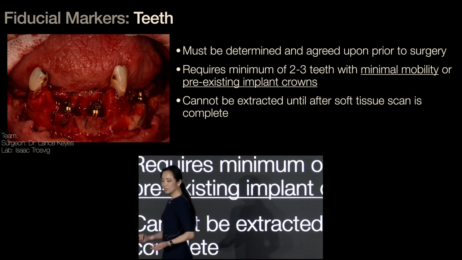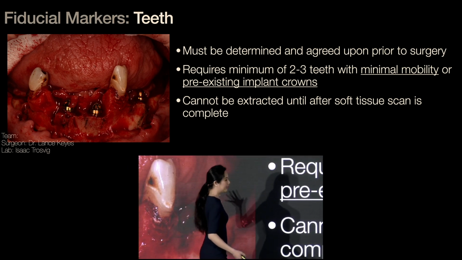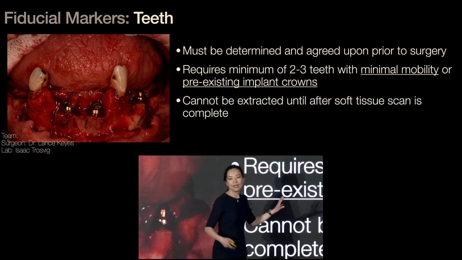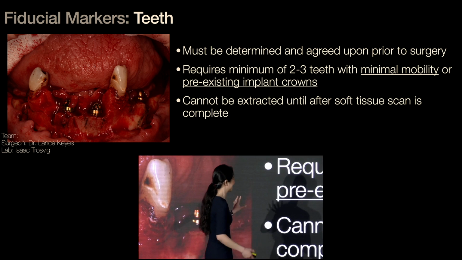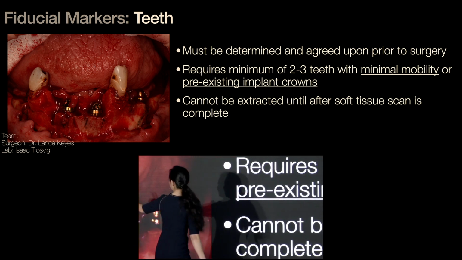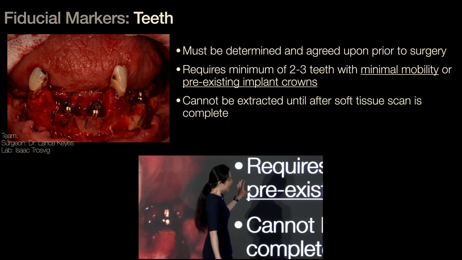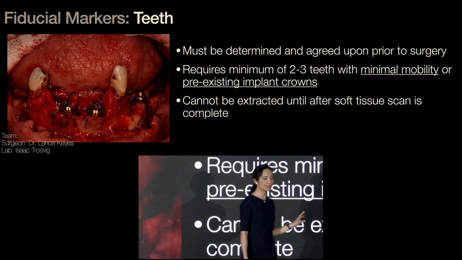So again, when it comes to teeth, they must be determined and agreed upon prior to surgery, because it might get in the way of surgery, and we also cannot extract or move these. So it requires a minimum of 2 to 3 teeth, minimal mobility, ideally across the arch. And lastly, they cannot be extracted until after the soft tissue scan.